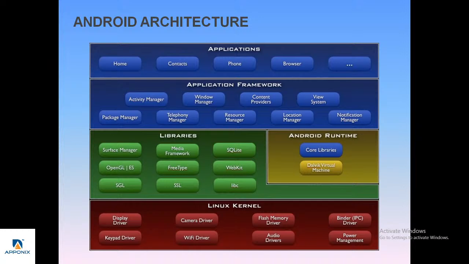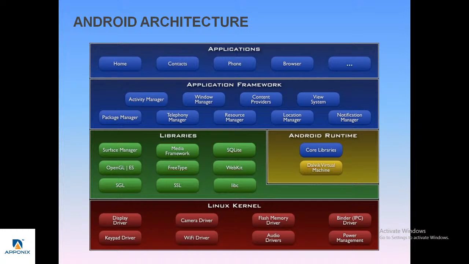That means whenever we buy any device with the Android operating system, we get the phone as a pre-installed application, and as soon as you open the phone application, you get the dial pad. In that dial pad, you can see the digits from 0 to 9, plus, delete, and symbols. That's what the telephony manager is about.